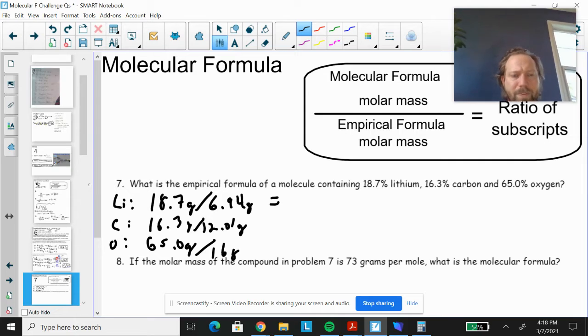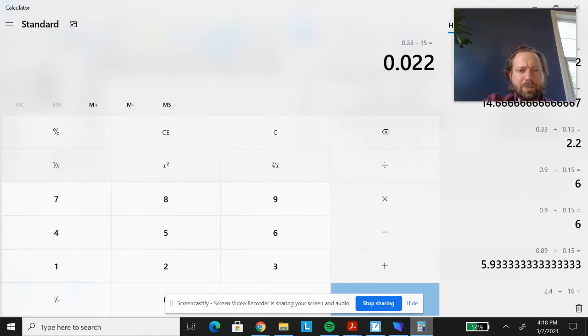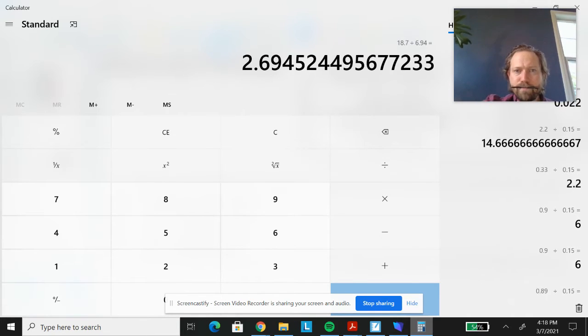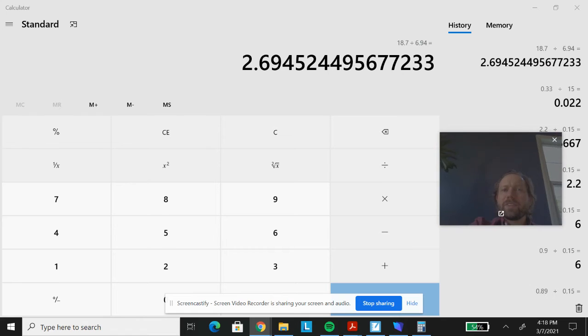And I get 18.7 divided by 6.94, which is 2.69.